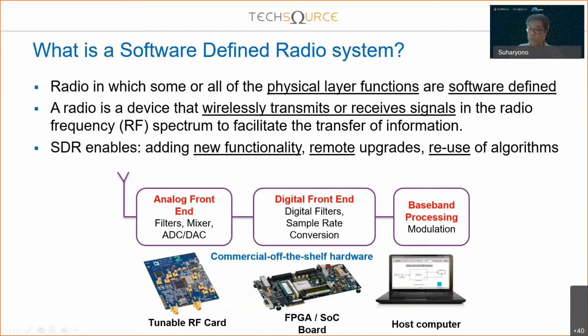The interface between the host computer and the card could be gigabit Ethernet, which allows you to tune the RF parameters or the center frequency of your particular operating RF system.